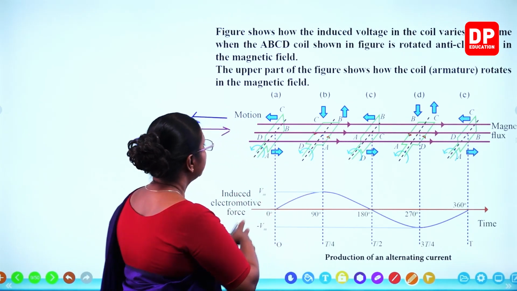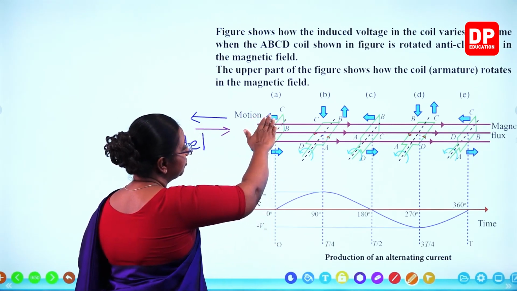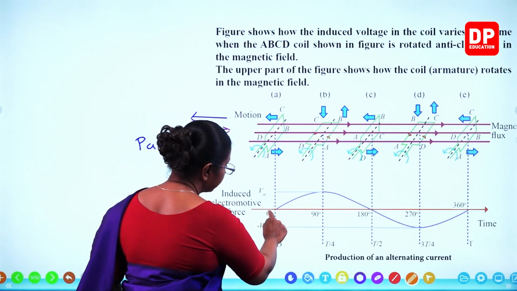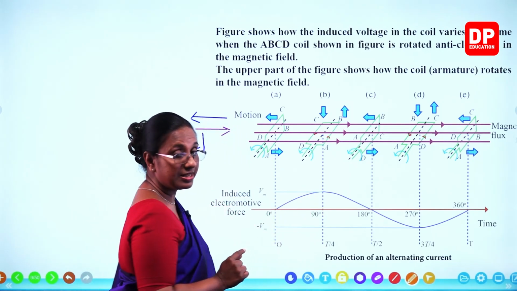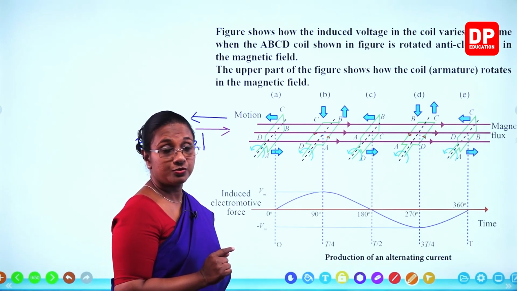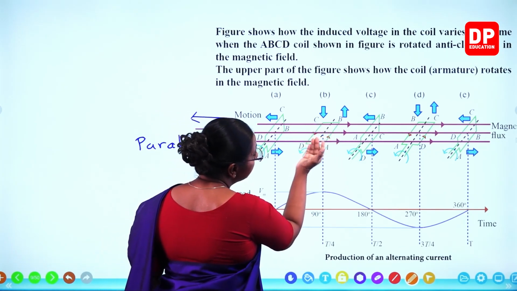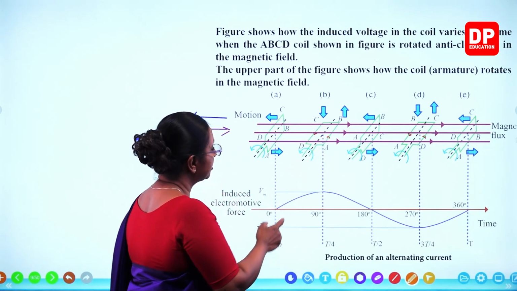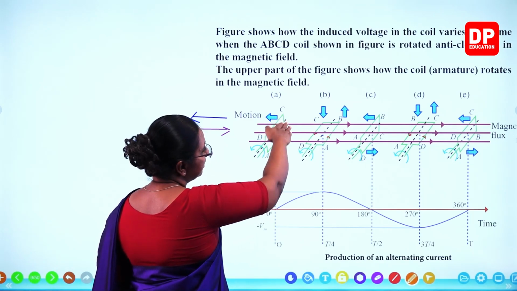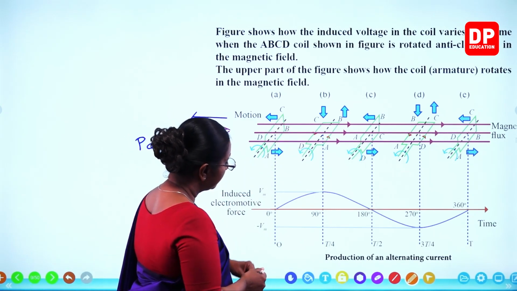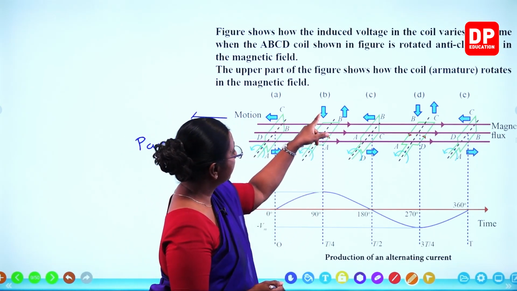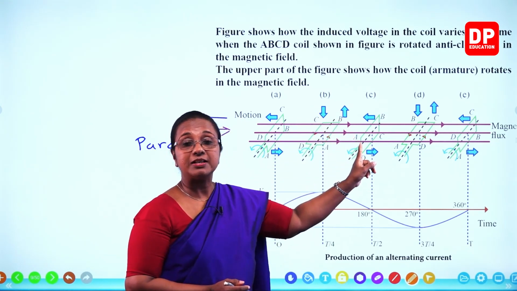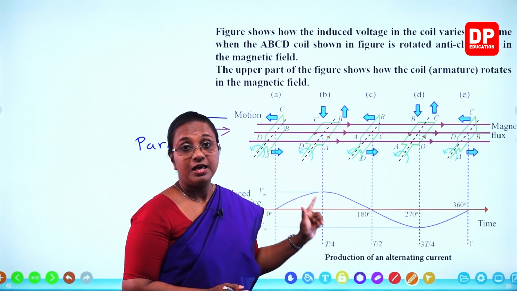But from there, you can see it's going to slightly move that way. So there is a magnetic flux. Then you can see the electromotive force that is induced increases gradually. And when the coil has rotated by 90 degrees from this position to this position, it was here like that. It has rotated by 90 degrees. So at that instance, you can see the force or the motion and the magnetic field are perpendicular.